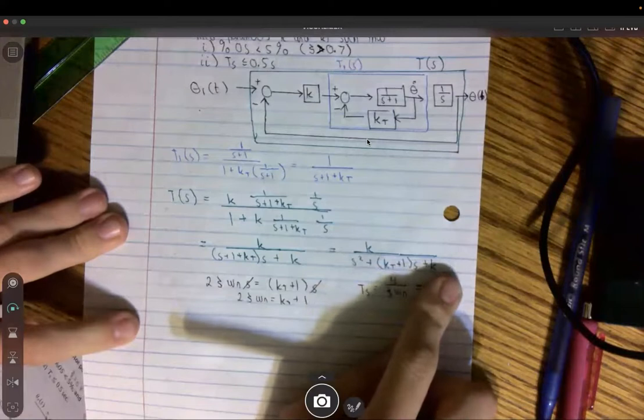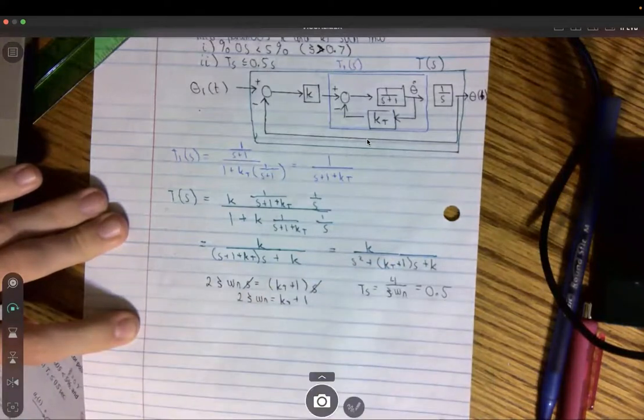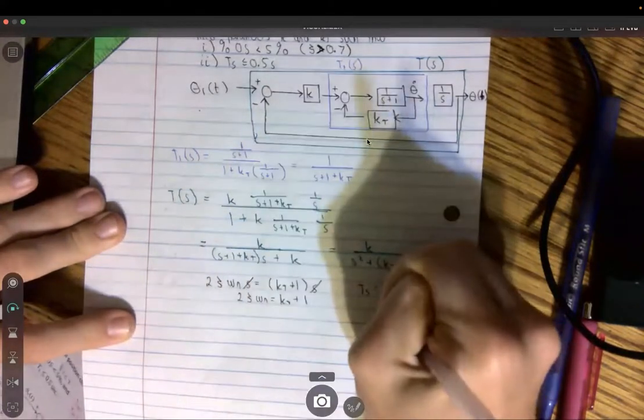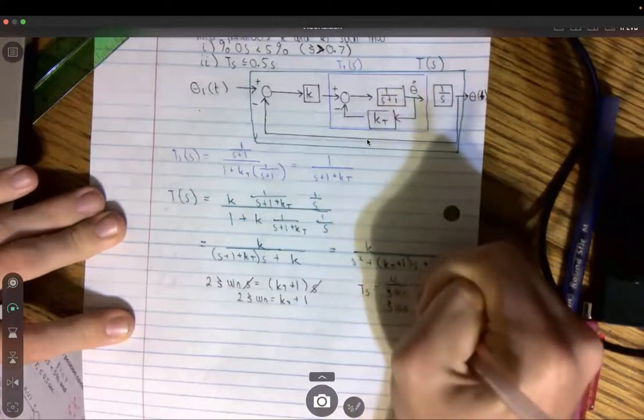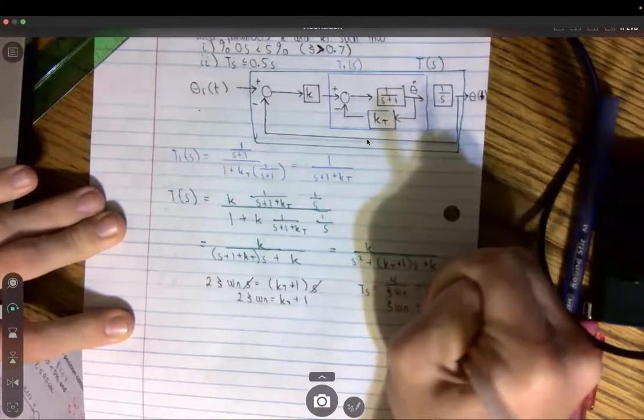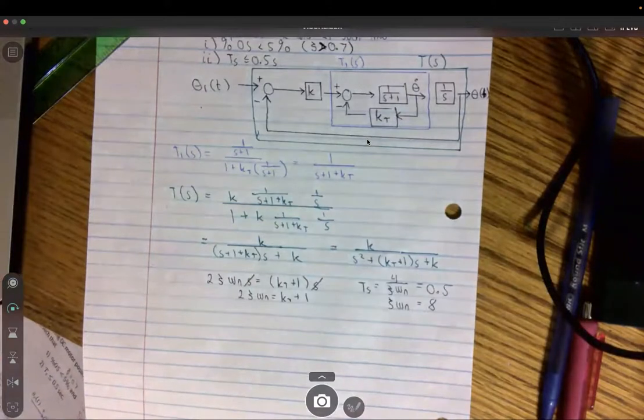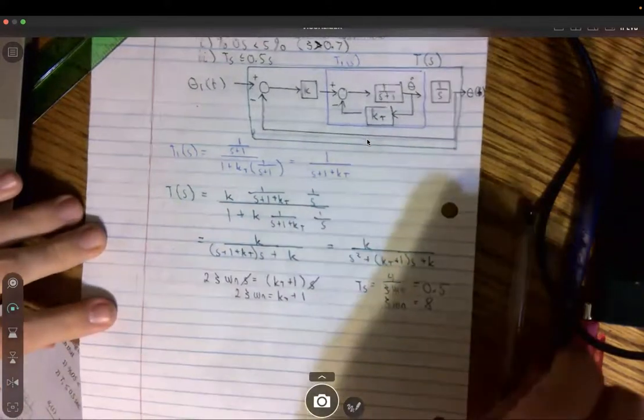And so what we can do from here is we know our zeta omega n is equal to 8.